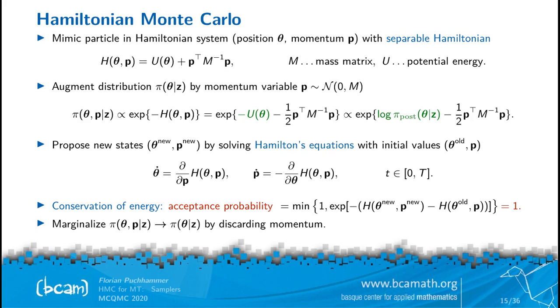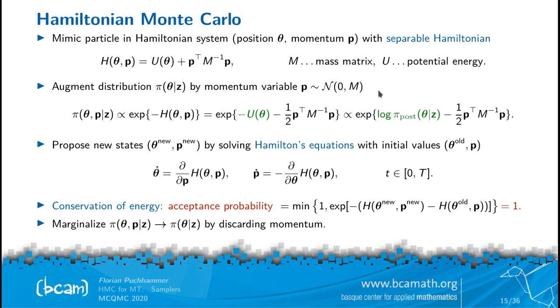One way you can improve on that is Hamiltonian Monte Carlo, which was originally developed for molecular dynamics, and the trick is to mimic particles in a Hamiltonian system. So we have a position variable and a momentum variable, and we consider the energy given by the Hamiltonian, consisting of the sum of the potential energy and the kinetic energy. Here M is some mass matrix.